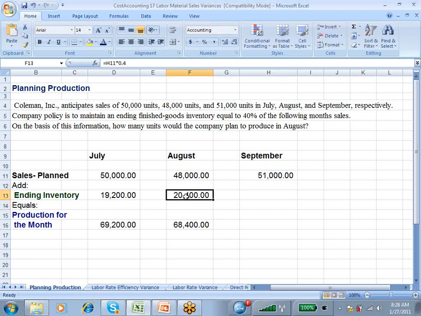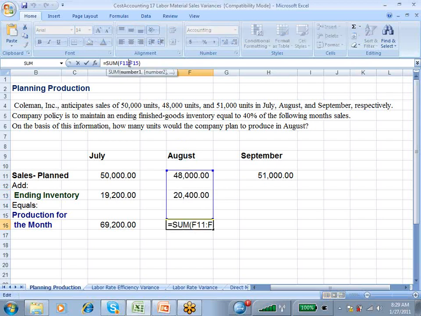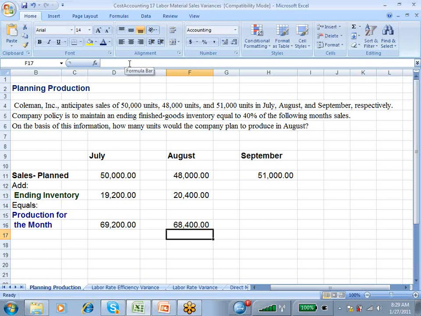If it's ending inventory in August, that means we need to produce in August not only the stuff we're going to sell in August, but also the extra inventory we need at the end of the month. So if I add those two up, we get 68,400 production for the month of August.